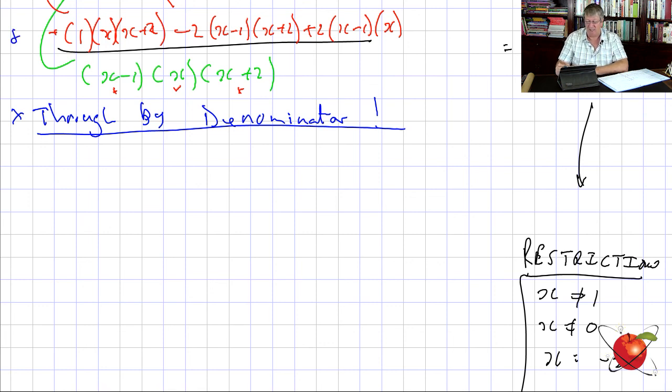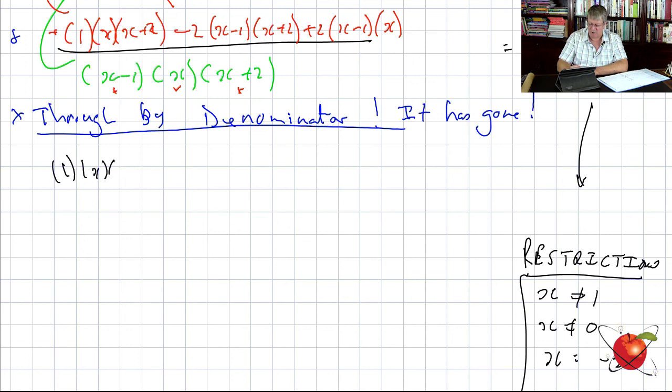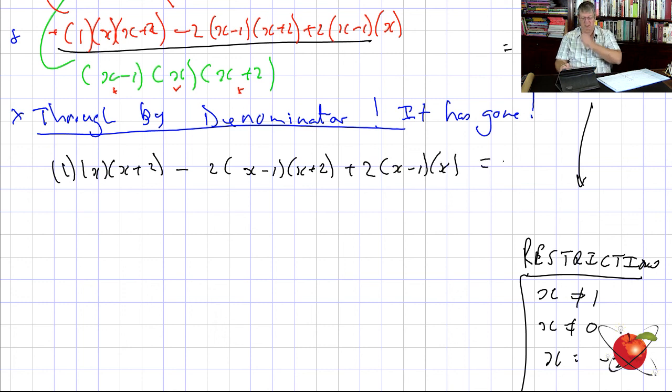And if I multiply it by 0, it's gone. Multiply through by the denominator and it has disappeared. That leaves us at the end of the day with just the numerator: 1 times x plus 2 minus 2 times x minus 1 times x plus 2 plus 2 times x minus 1 times x equals 0. The denominator disappears.